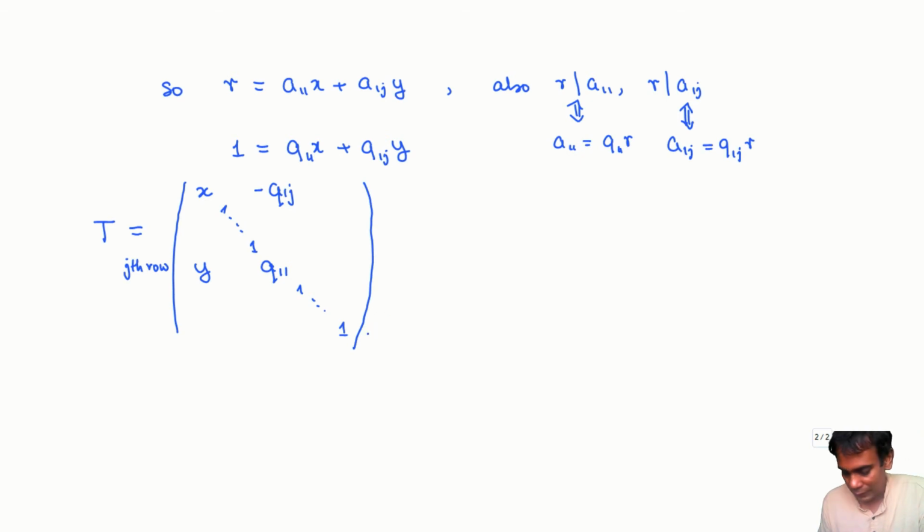This is going to be an n by n matrix with entries in R, and everything else in this matrix is 0, so zeros everywhere.